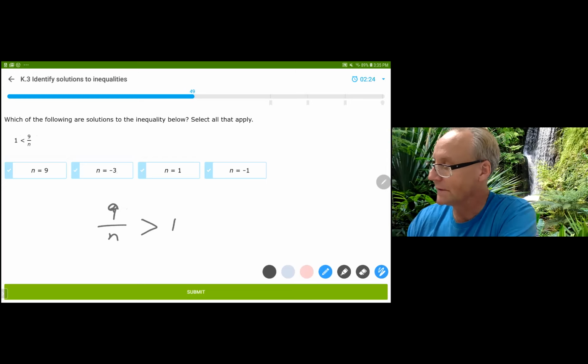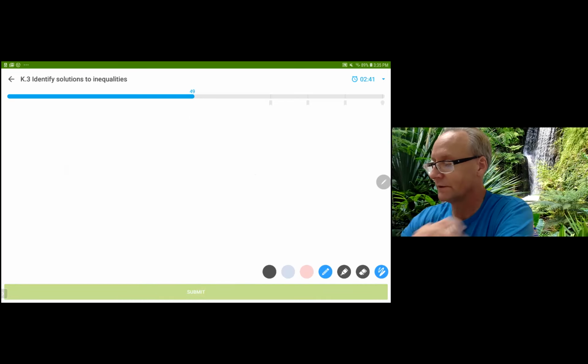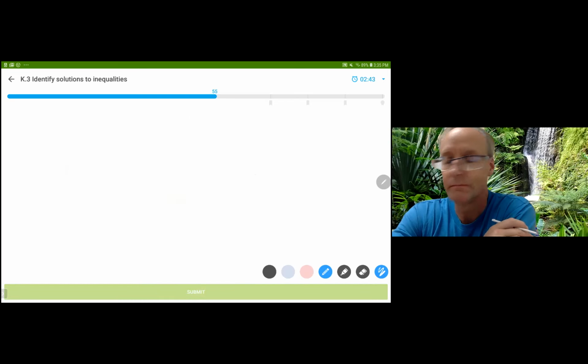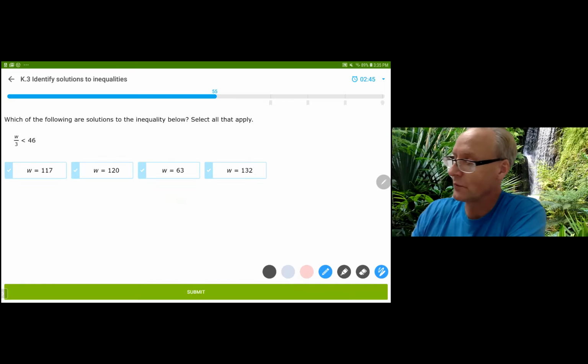Negative 3 certainly is not. That's going to give me negative 3 when I divide it. 1 is not greater than 1, but 9 certainly is, and 9 over 1 is greater than 1. And 9 over negative 1 gives you a negative, so that certainly is not greater than 1. So that's the only solution. Got to make sure you eliminate the wrong ones.